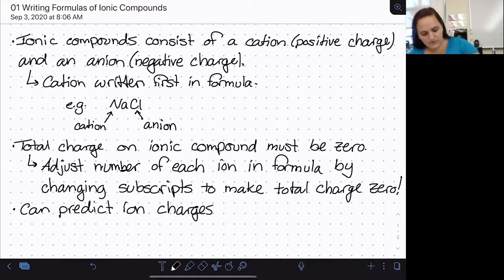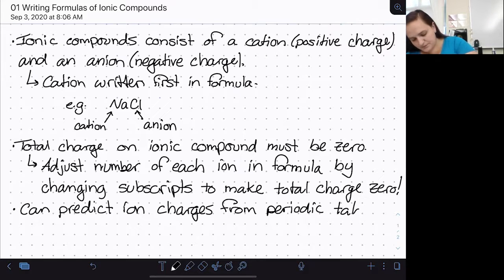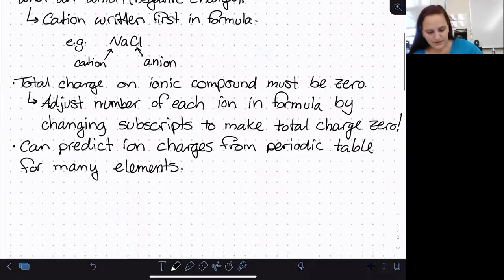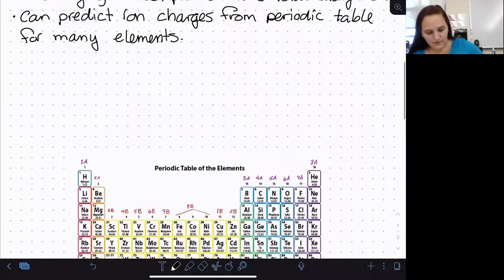We can't predict every element, but we can for quite a few. If we take a look at the periodic table, I've got one down here.